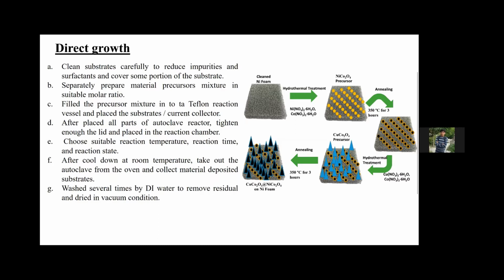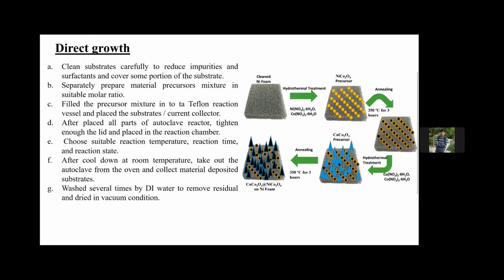If that happens, that is not good. To prevent this, we first cover some part of the nickel foam and dip it in the Teflon reactor and do the hydrothermal process. After the hydrothermal process, we take out our nickel foam substrate, wash it and dry it.